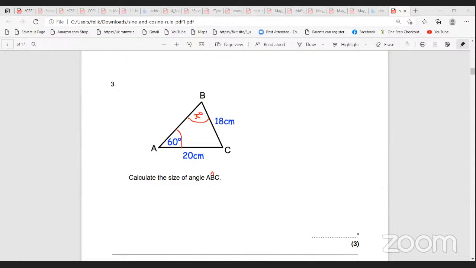Does the angle that we have fall in between the two sides? Does these two sides make a sandwich with the angle?